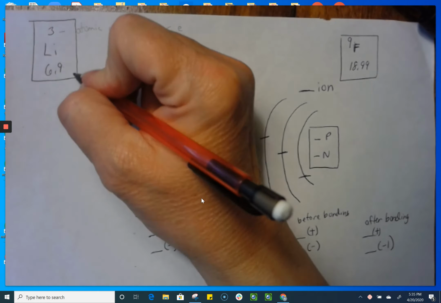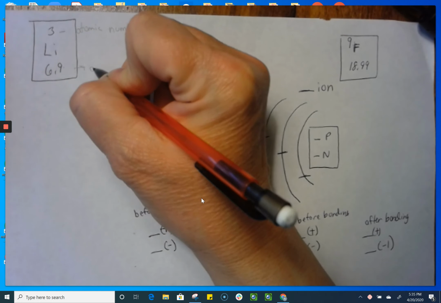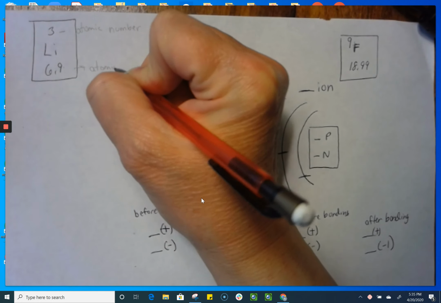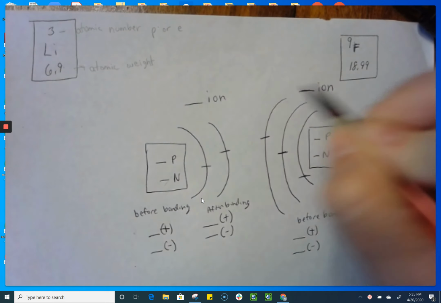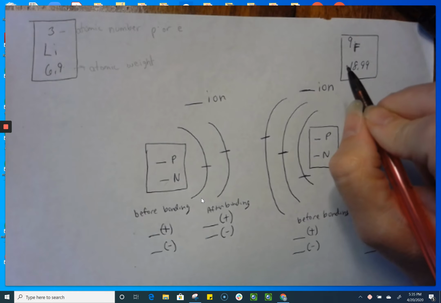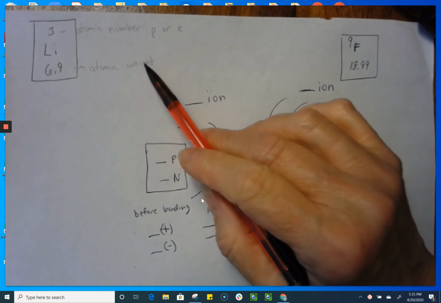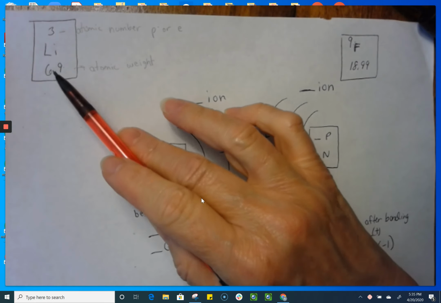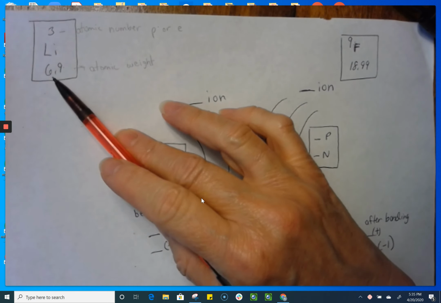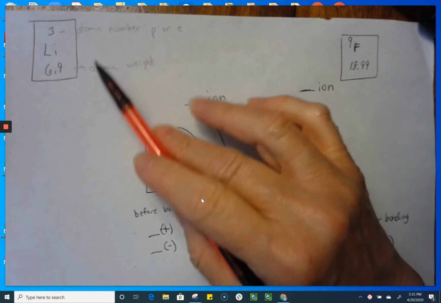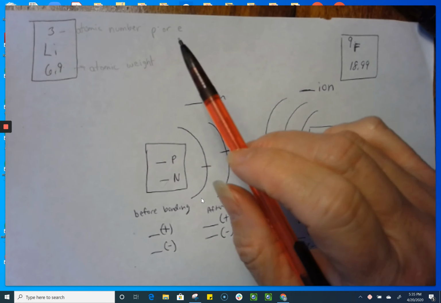This here is the atomic weight. Because the size of the electrons is so significantly smaller than the protons or neutrons, we basically round this number off to the nearest whole number. And if you subtract the number of protons, it will leave you with the number of neutrons.